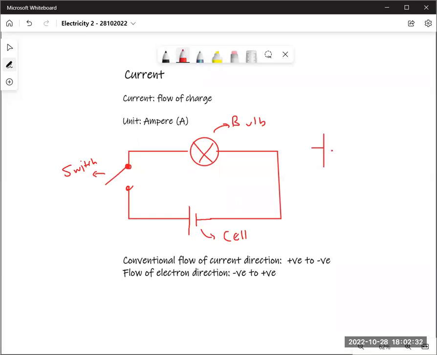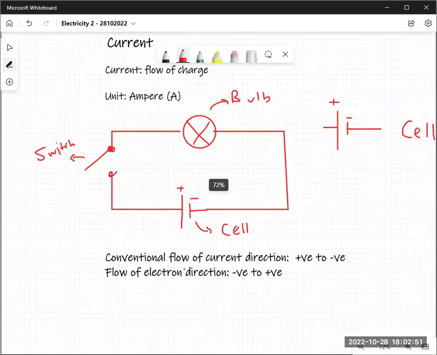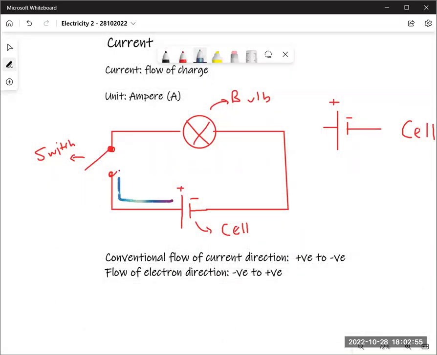This is a cell. The biggest side is always positive, the smaller side is always negative. So since I know that the current direction is positive to negative, this is what the current direction looks like.